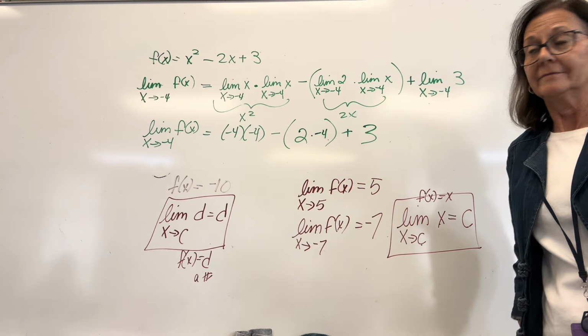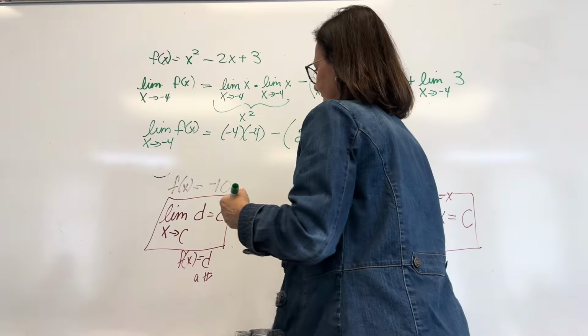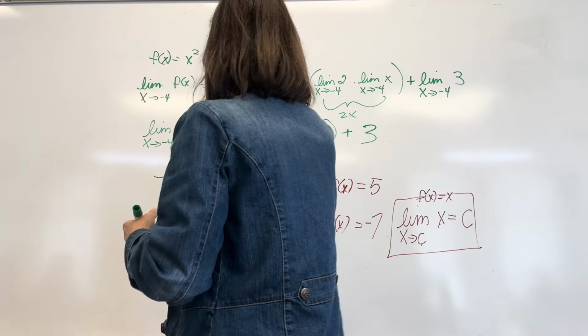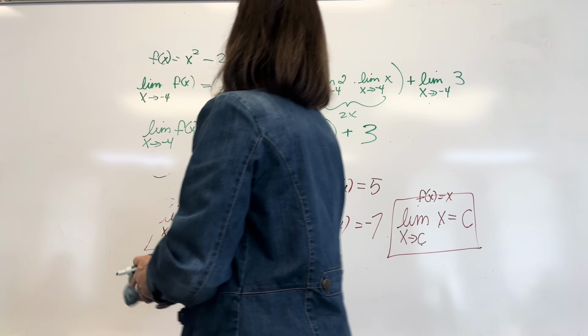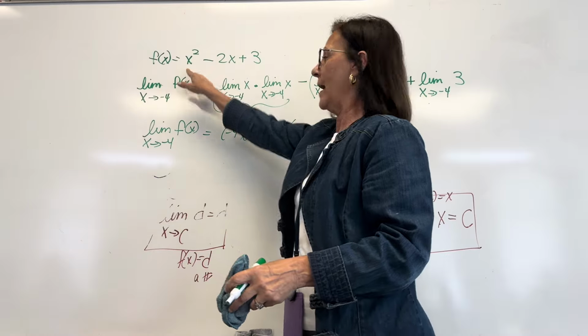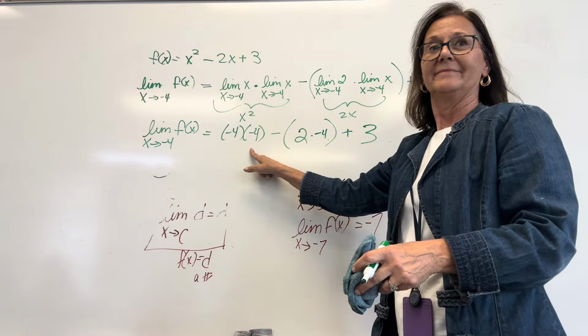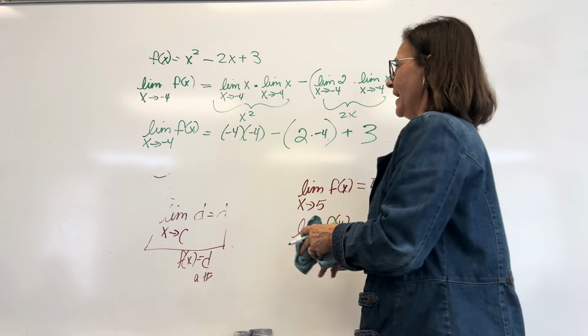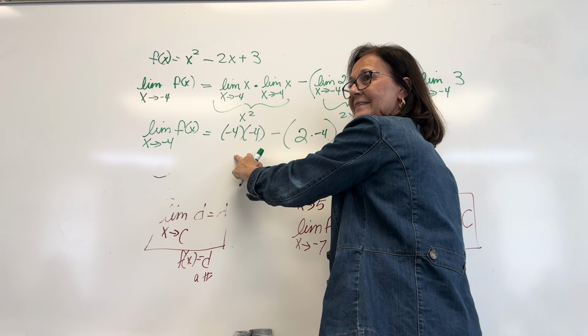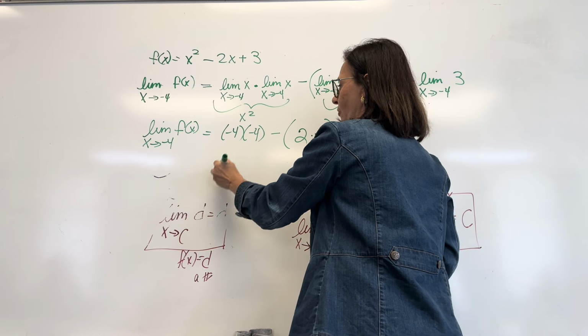Got it? It's really no different than plugging the number in. Because x squared is negative 4 times negative 4.